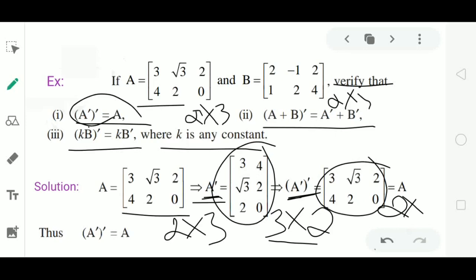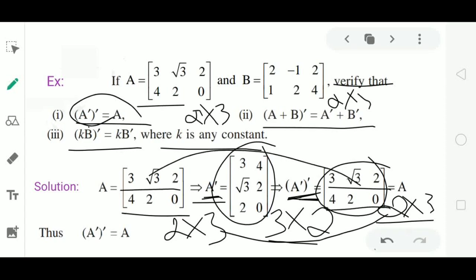Now you can observe here, the order of A dash whole dash is 2 by 3, which is same as the order of A. And observe the elements. The elements of A dash whole dash are equal to the elements of A. So by the definition of equality of matrices, we say that A dash whole dash is equal to matrix A.